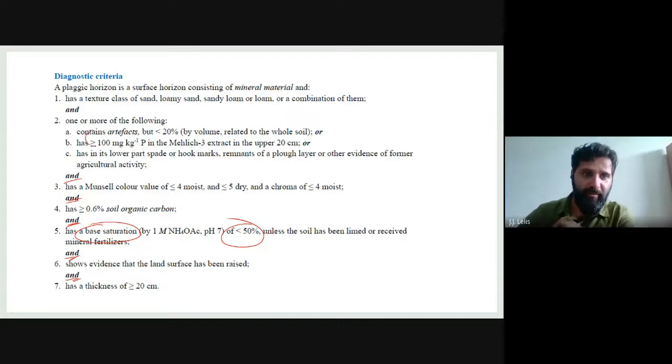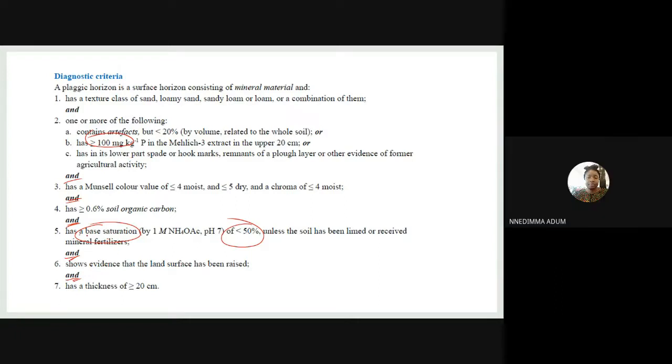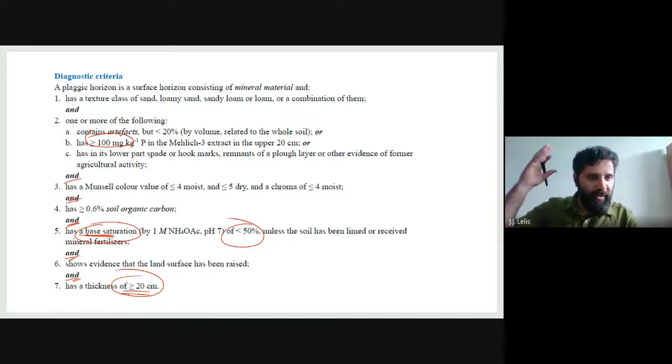Yes, in this case. But then the thickness is also up to 20. Yes. But it's just the base saturation that ruled it out from the description. Yes. And we need to follow all the criteria. So if you have just one that fails, it's another diagnostic horizon.